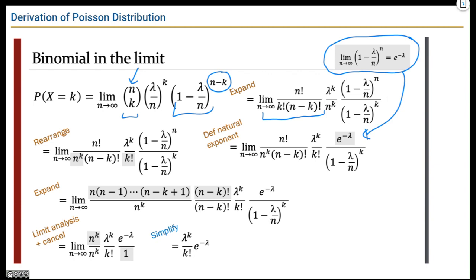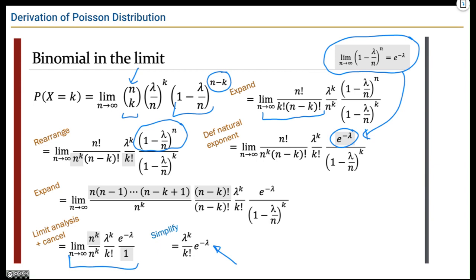Then I just do some rearranging, and you'll notice that the definition of my e to the negative lambda shows up right there when I let the limit get distributed through. So I've now moved it here, and then I still have a limit left, and you'll notice that at the end of the day you're going to get some simplification, and eventually when you take this limit, I'm just going to be left with this.